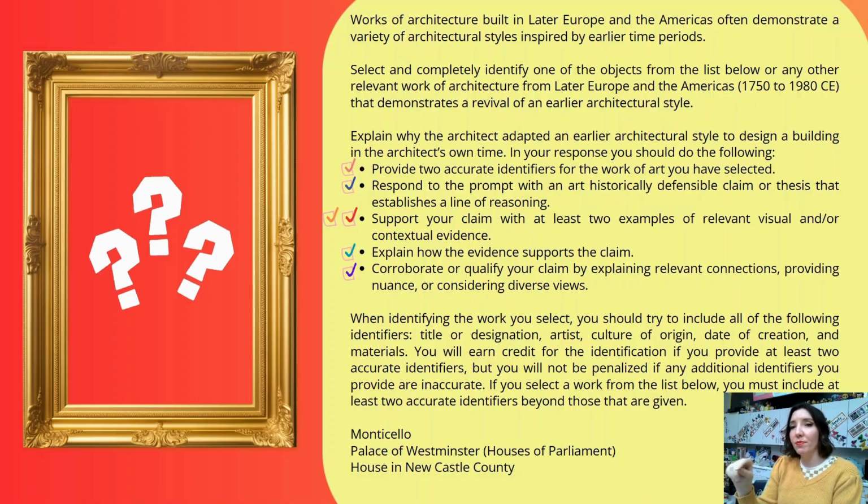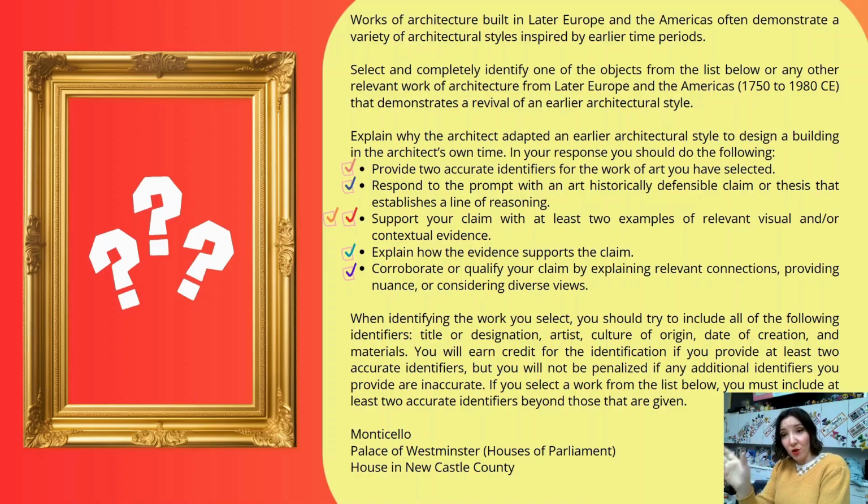Next thing it says, select and completely identify one of the objects from the list below, or any other relevant work of architecture from later Europe and the Americas that demonstrates a revival of an earlier architectural style. We look down at our choices, because then we can start thinking while we're reading the rest of it. We have Monticello, the Palace of Westminster, and House in Newcastle County.